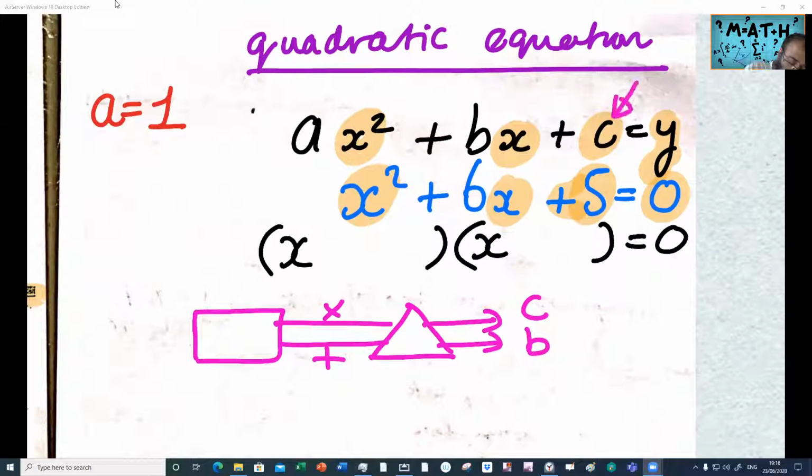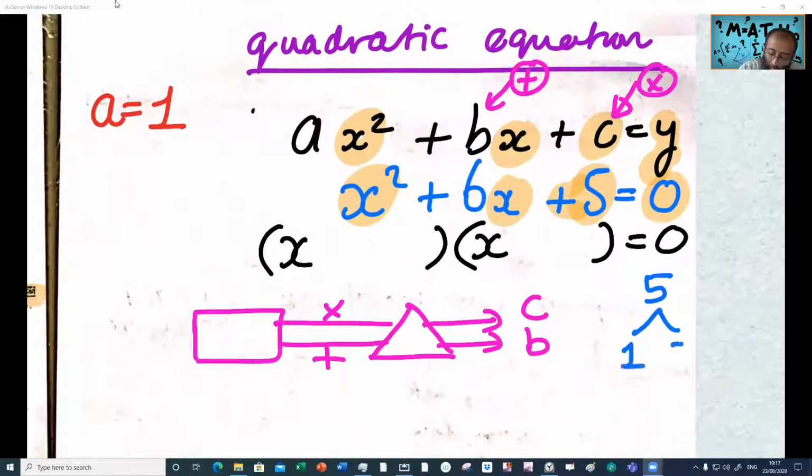So they multiply to give you c, and they add to give you b. And that's as simple as it gets. So now our c value is 5. So let's analyze the 5. What numbers multiply to give you 5? So that would be 1 and 5, or minus 1 and minus 5. So we have those two variations.